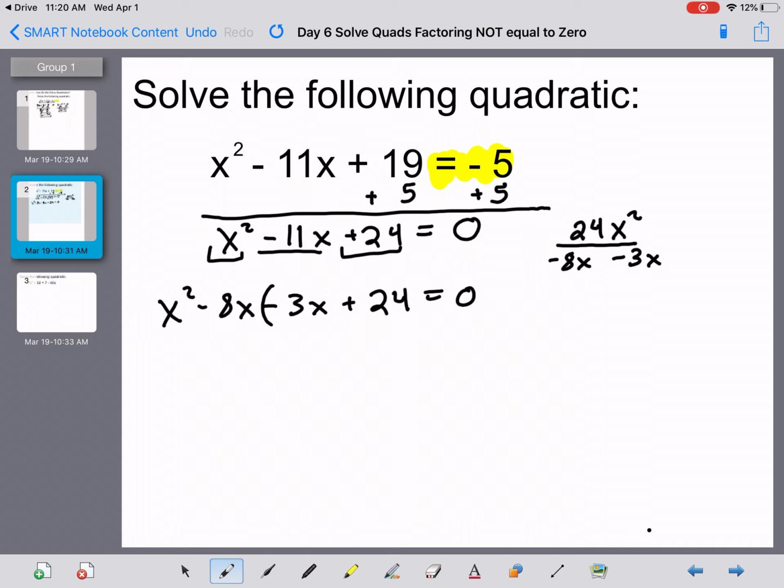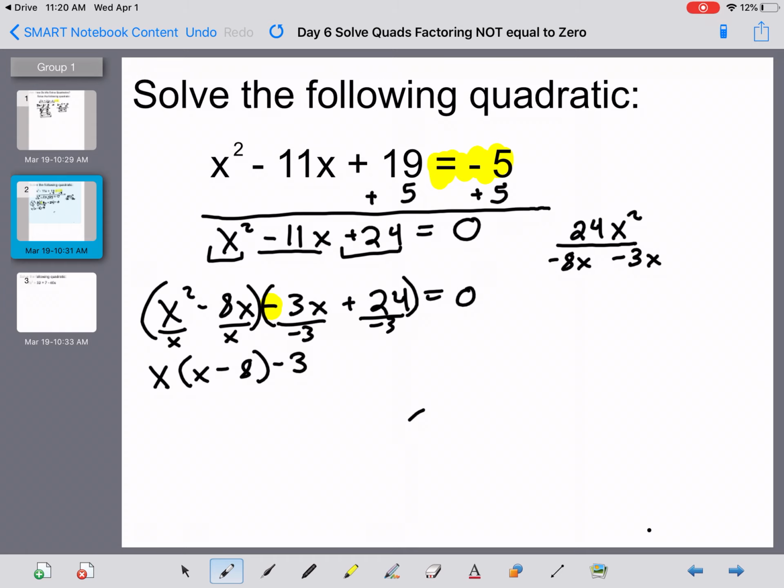Now I can factor by grouping. Group my first two and my last two terms. The GCF of my first two terms is x, so I can divide both terms by x, and I get x minus 8. The GCF of my next two terms is going to be negative, since my first term is negative, so it would be negative 3.